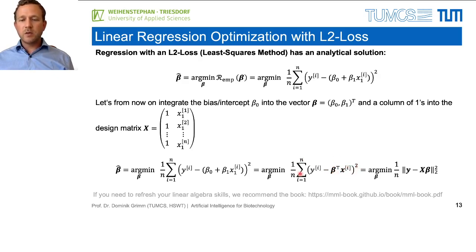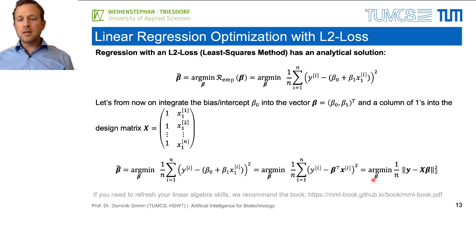Then we square it and sum it up. This form might be familiar to you again, because it looks very similar to the Euclidean distance. If we put a square root around it, it would be the Euclidean distance. So we can rewrite this sum again in matrix notation.